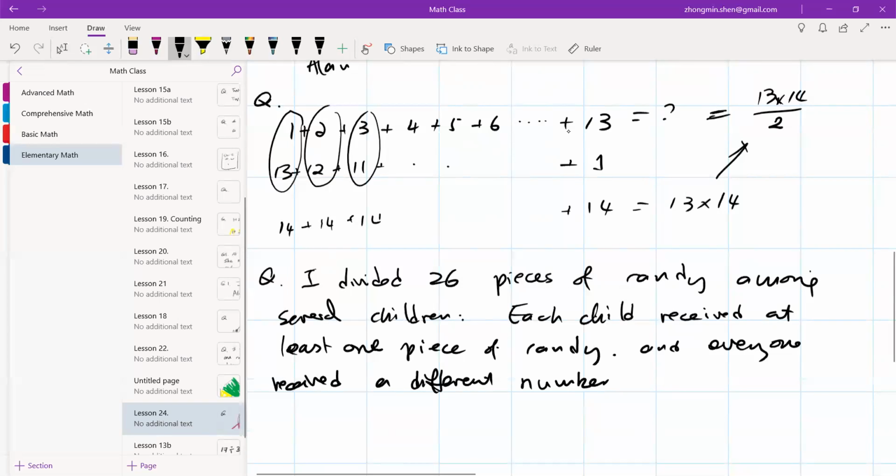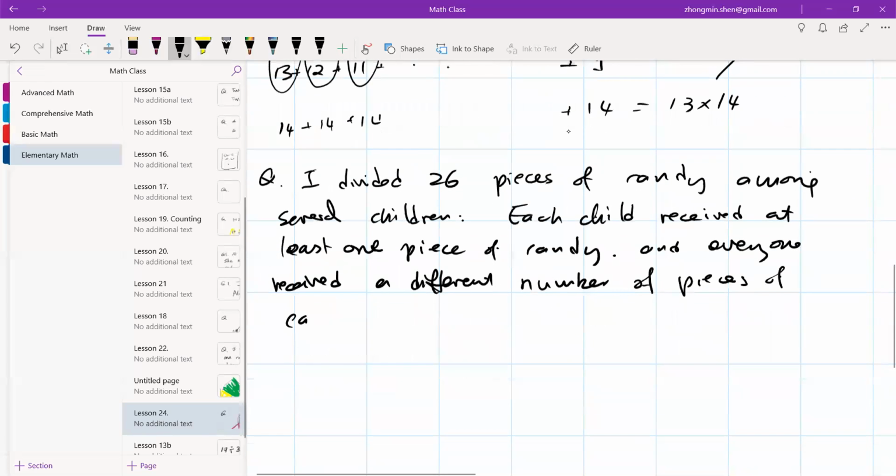Okay. Yeah, you understand the problem, right? Trying to figure out the greatest number of the students there.